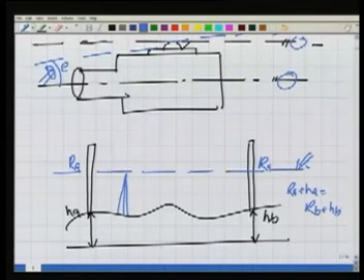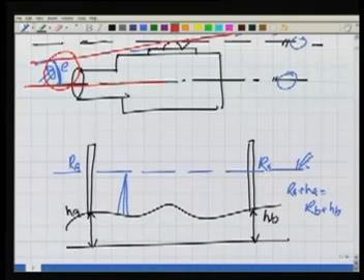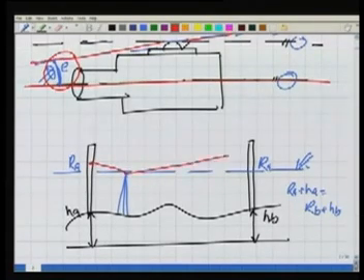Now in the case of the problem we discuss, what will happen? If it makes an angle E here, as you can see, I highlight this, now these two are not parallel. This is the axis of the bubble tube, this is the line of sight. If that is the case, once my instrument reads the staff kept here, the line of sight will bisect somewhere here, and then it will be looking somewhere here. So in this case my RA will be RA dash and RB will be RB dash.